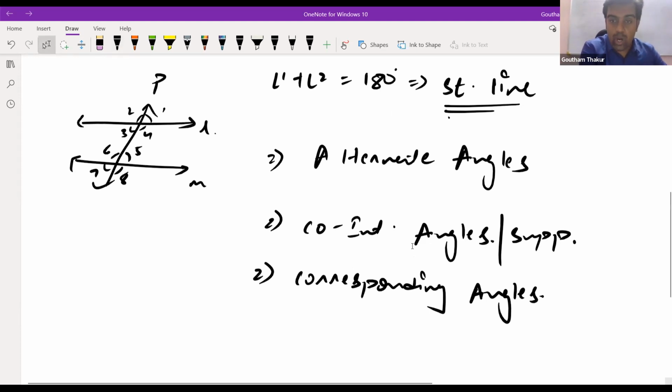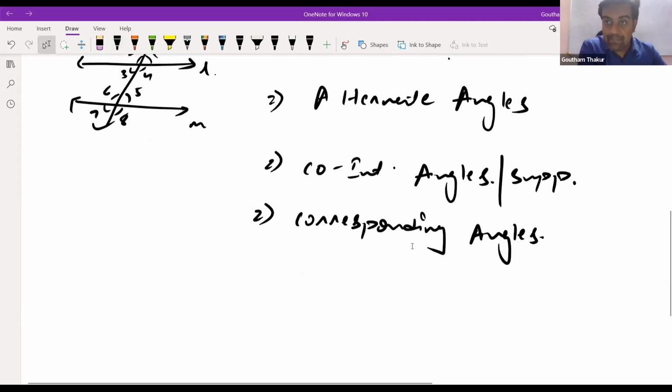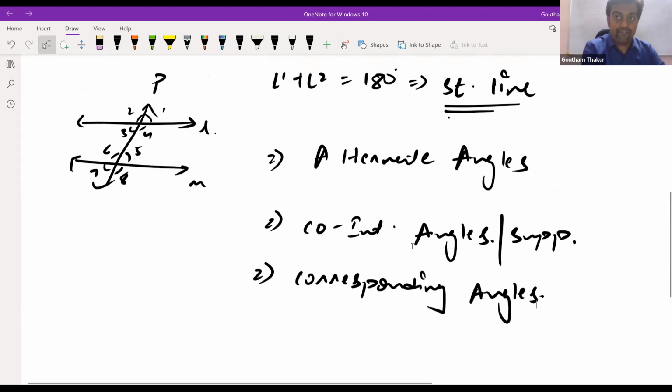Now, what do you mean by alternate angles? In the name itself, we can mention it. Whenever we are talking about two lines and a transversal and the angles, we divide the angles into two parts: the left-hand side of the angles and the right-hand side of the angles. When I talk about alternate angles, one angle will be lying on the left-hand side and the other angle on the right-hand side.